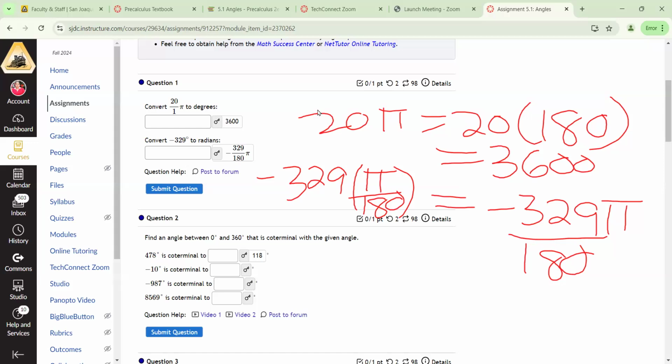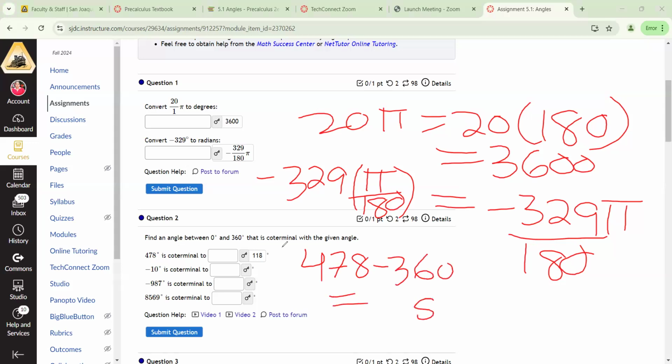Your question 2 is saying find an angle between 0 and 360 that is coterminal with the given angle. So we begin by taking the number 478 as it's higher than 360. We subtract 360 from that.